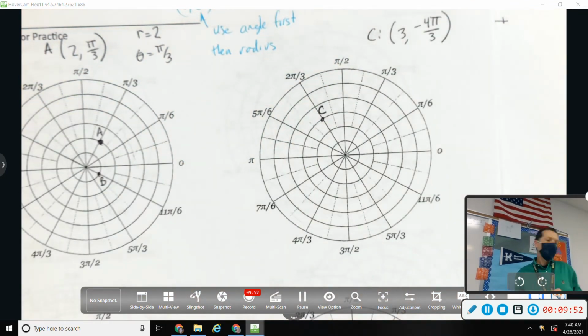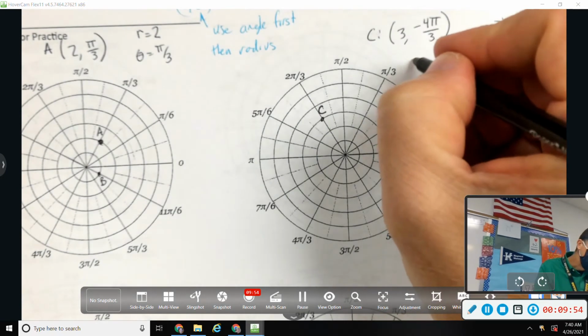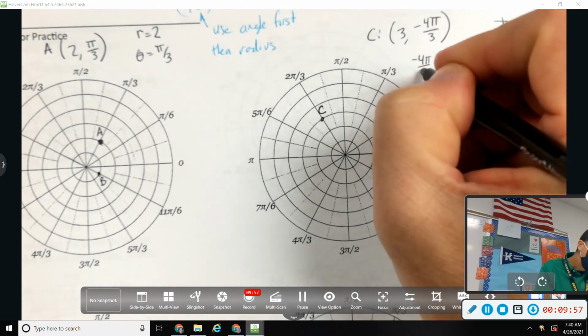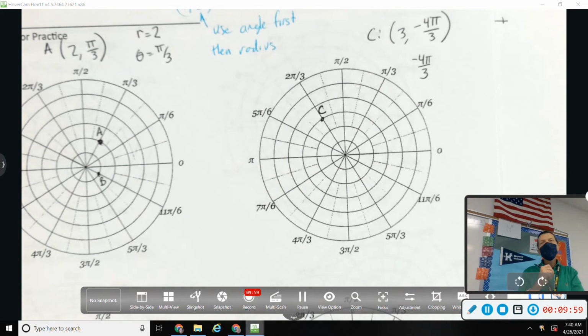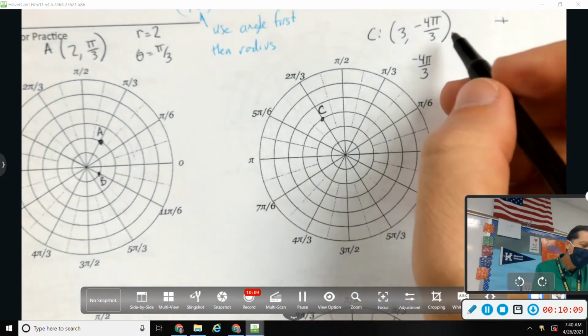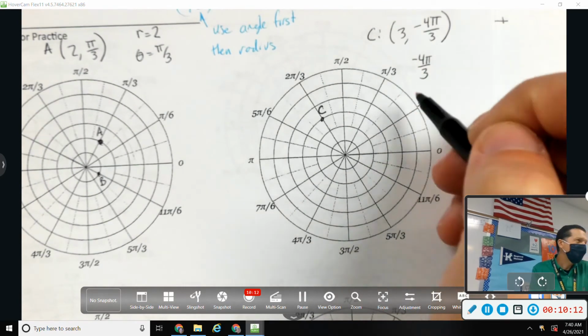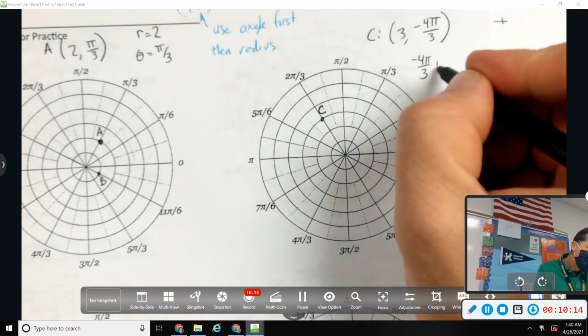Now, you may remember some people really don't like negative angles. Do you remember how to get a coterminal angle if you want to avoid the negative thing? I can add 2 pi and I'll land at the same spot. So if you're having trouble with the negatives and you can't figure out how far you need to go, well, add 2 pi.